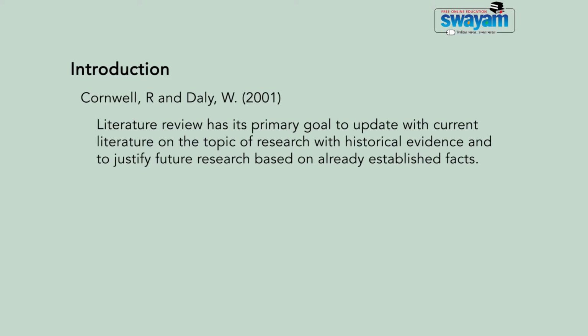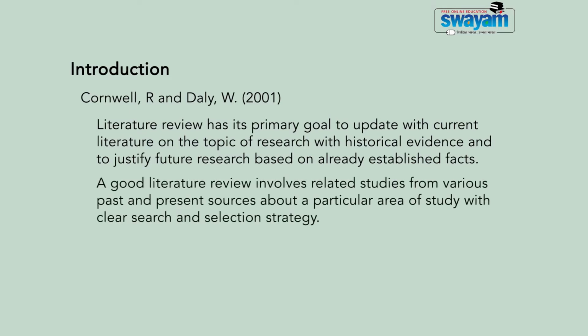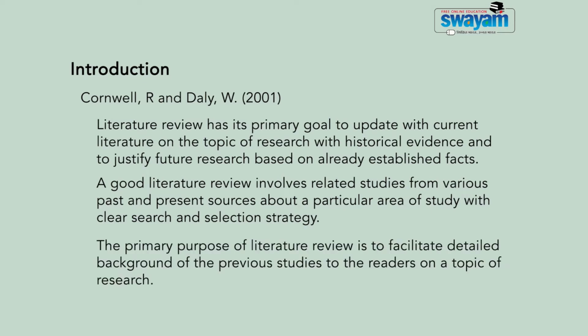They further explained that a good literature review involves related studies from various past and present sources about a particular area of study with a clear search and selection strategy. The primary purpose of literature review is to provide a detailed background of the previous studies to the readers on a topic of research.